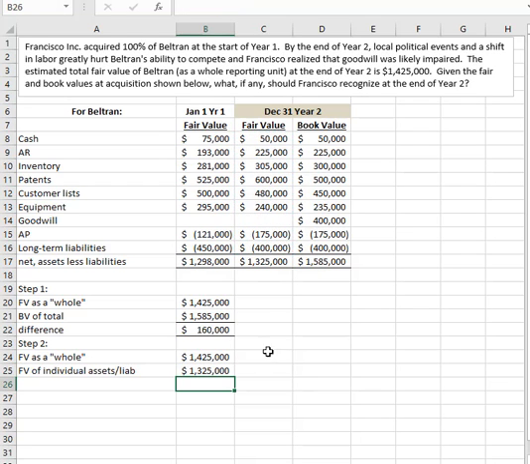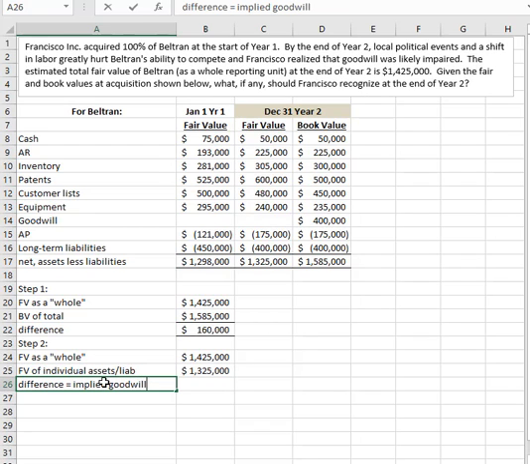Of course, they've done the math for you up there already, but just to show you what's all in there, all the assets and liabilities individually. And so the difference is the implied goodwill. In other words, there's some implied goodwill because the fair value of the whole is greater than the fair value of all the little individually identified assets. And so the implied goodwill here is $100,000.